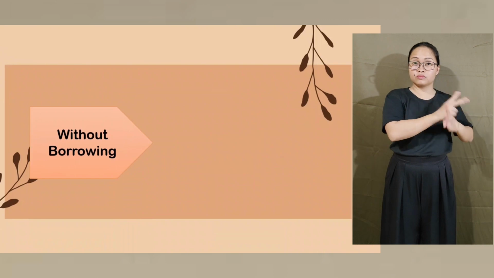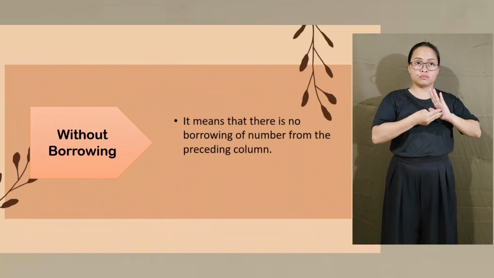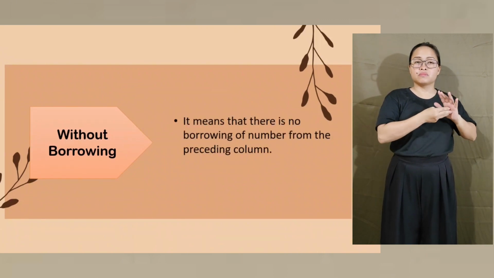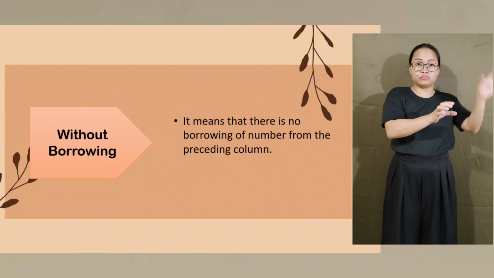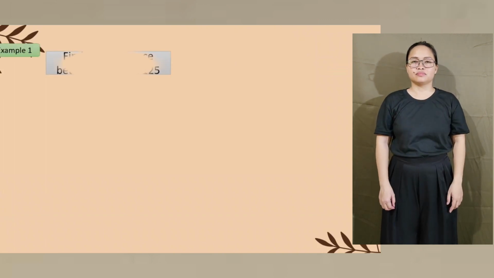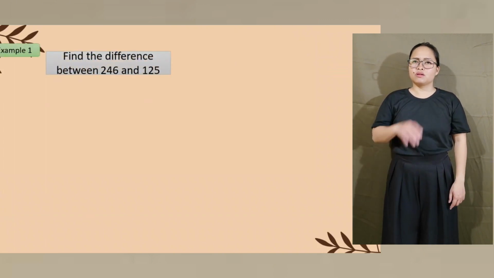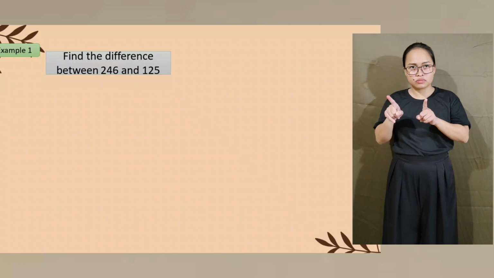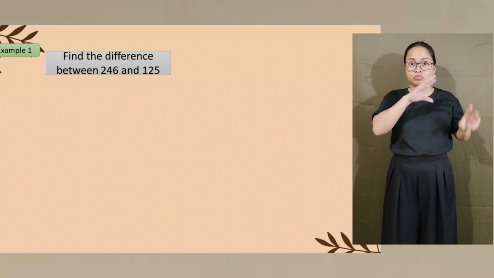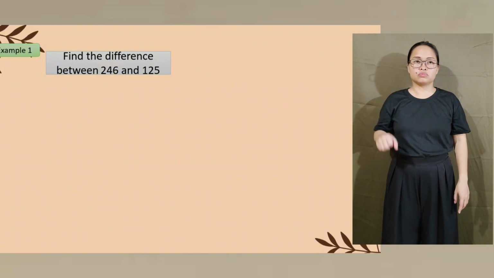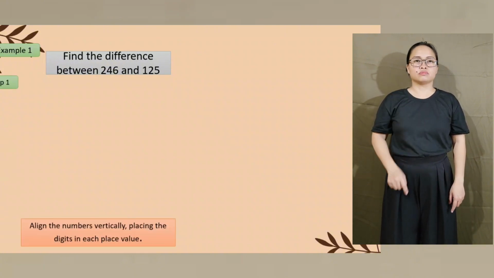So subtracting without borrowing means that there is no borrowing of number from the preceding column or from the preceding place. Example: find the difference between 246 and 125. So step 1.